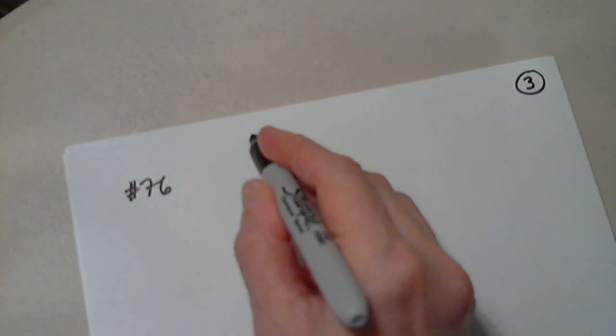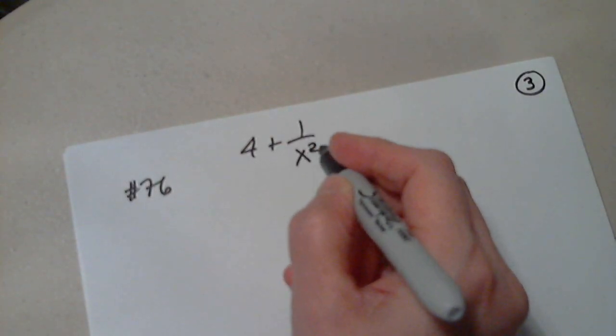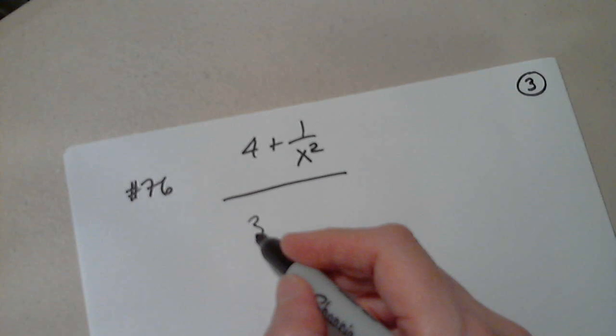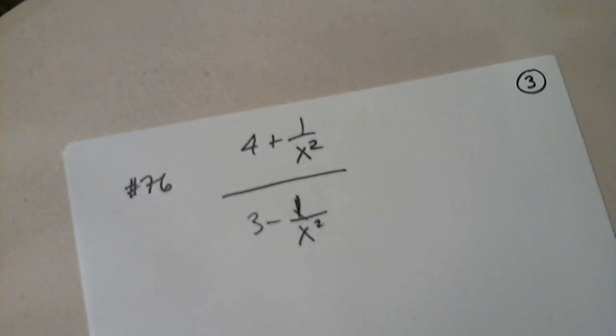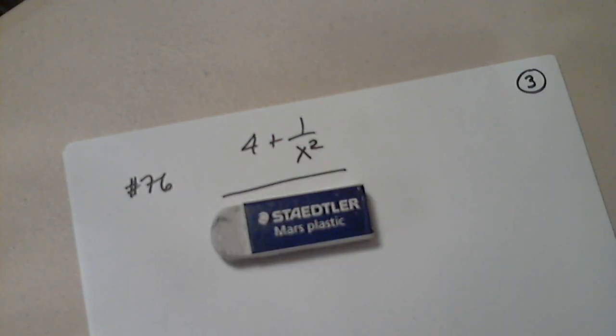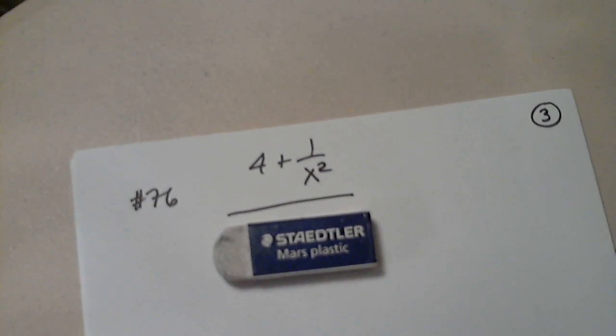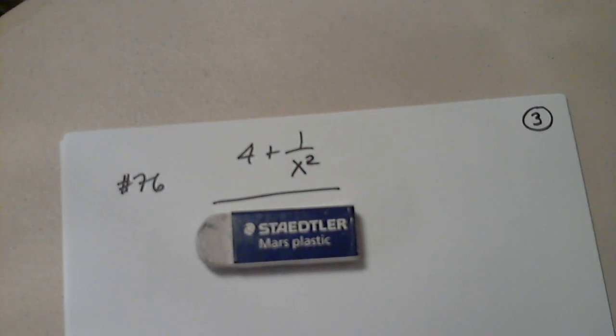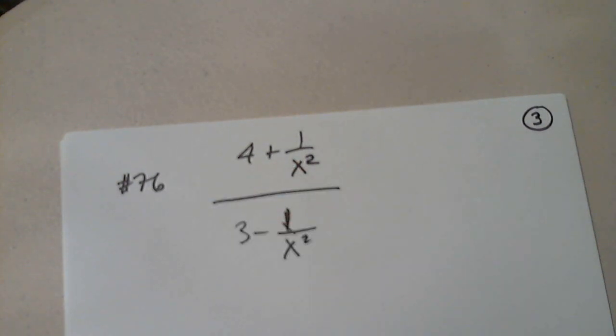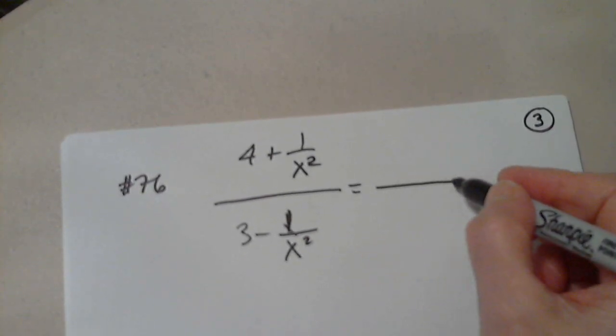Okay, perfect. So here's 76. 4 plus 1 over x squared, everything divided by 3 minus 1 over x squared. Perfect. So first, we look at the numerator. So what is the least common denominator in the numerator? X squared. Of course, there is only one denominator. It's a silly question. Thank you.